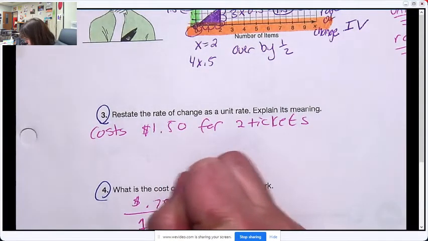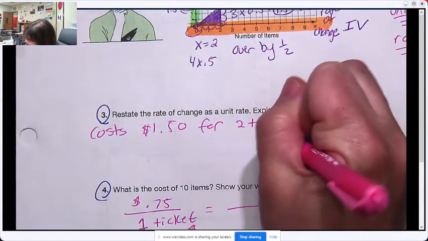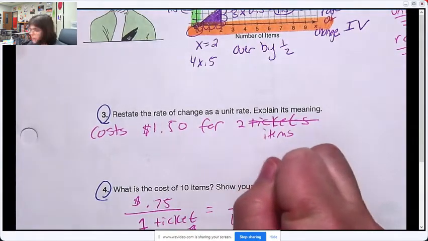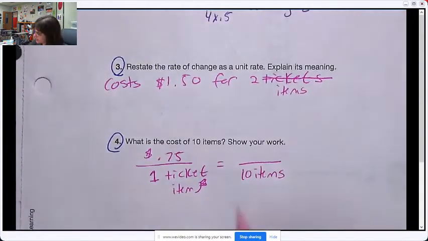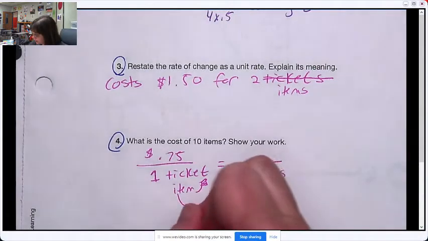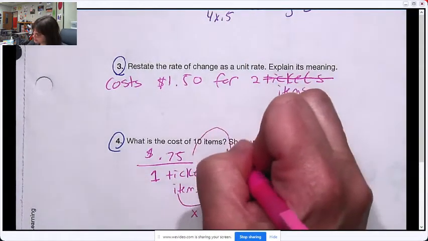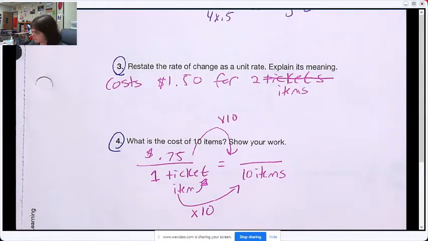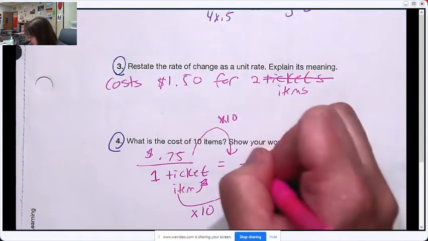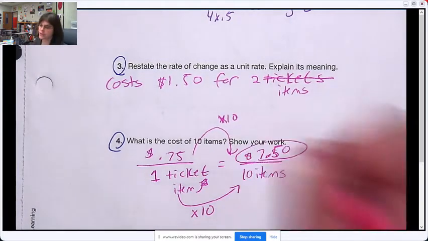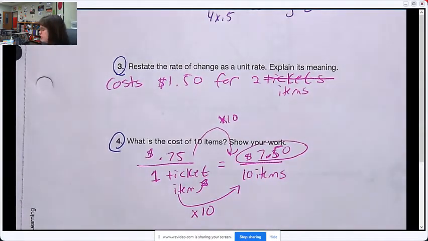Sorry about that. For 2 items. And then remember from last year, you can say, oh yeah, 1 times what gives you 10? 1 times 10. Then I got to say 75 cents times 10 means my answer would be $7.50, right? So $7.50 would be my answer.